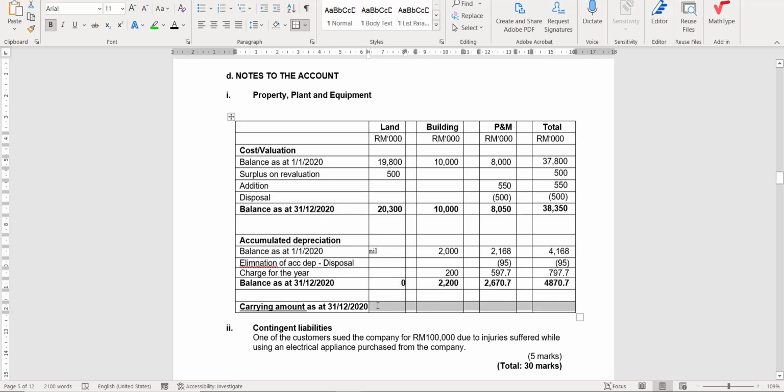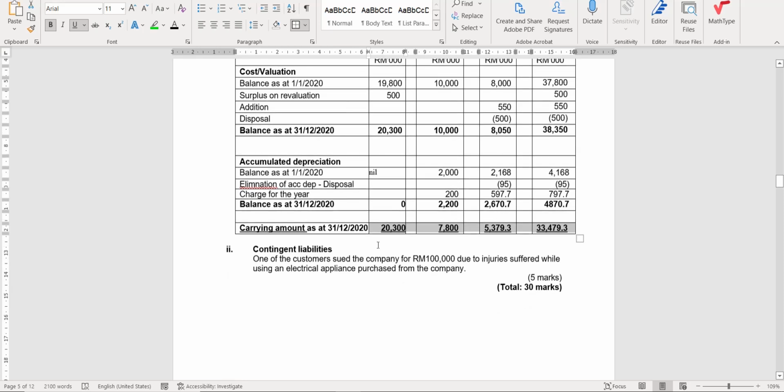To find the carrying amount, you will deduct that cost with the accumulated depreciation at the end of the year, and you will find that figure that I've shown here. So this is the one that you will go and show in your statement of financial position, that figure there.